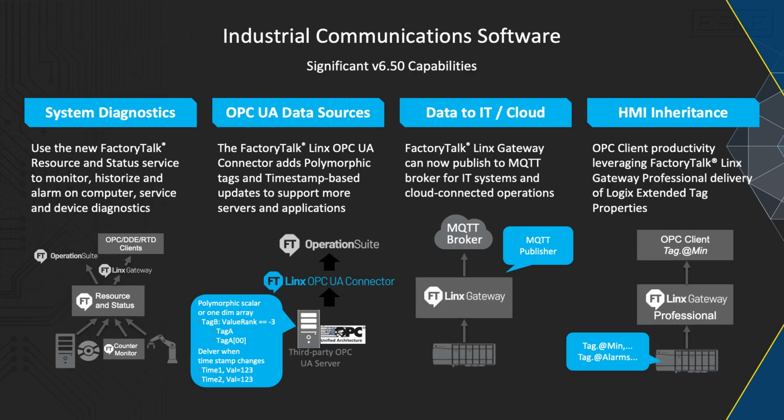When we talk about industrial communication software, talking about the significant changes of 6.5, this is probably a good way of looking at what I just said, for example, the system diagnostics.